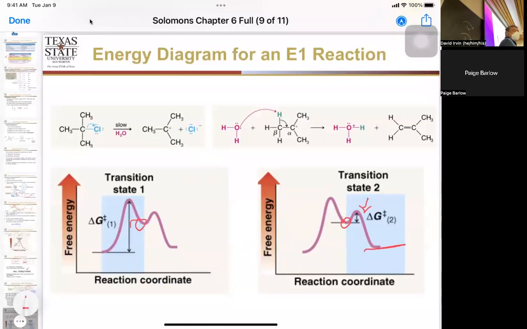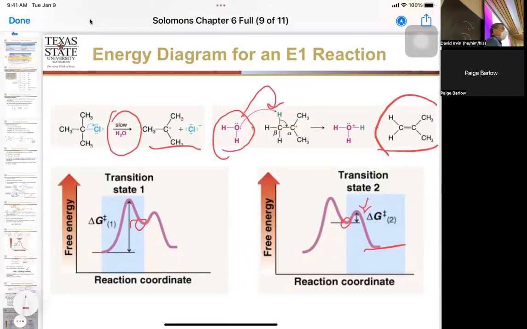So in this case here, it's going slowly because it doesn't have a strong base. So it's waiting to form the carbocation, and then our weak base is going to pull off our proton, generating our alkene.